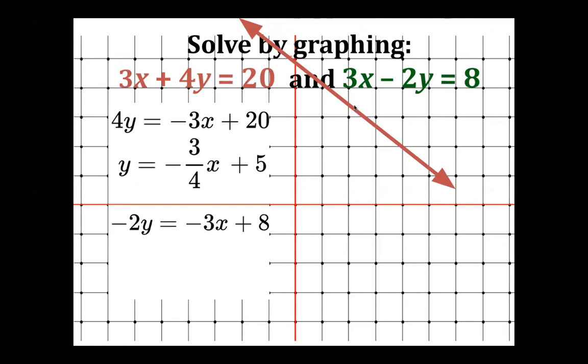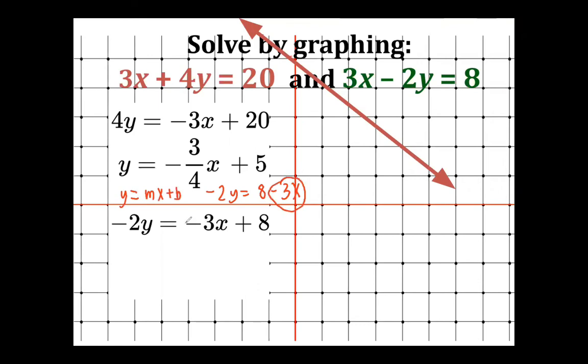First, I'm going to subtract 3x from both sides, and now you're left with negative 2y equals negative 3x plus 8. You could have also done negative 2y equals 8 minus 3x, but again, I just wanted to follow y equals mx plus b form, so I put negative 3x first.